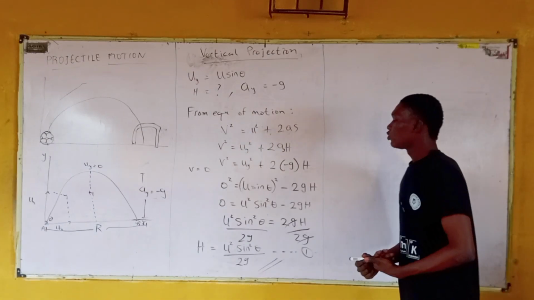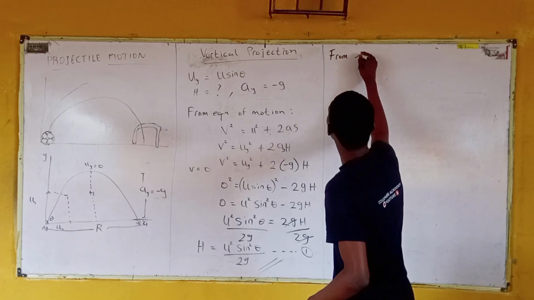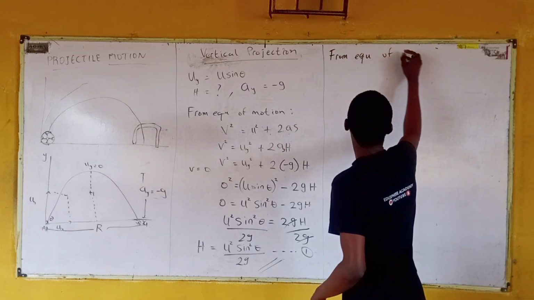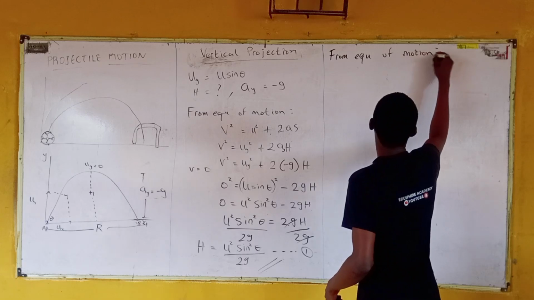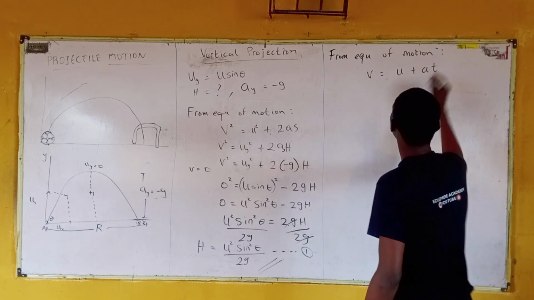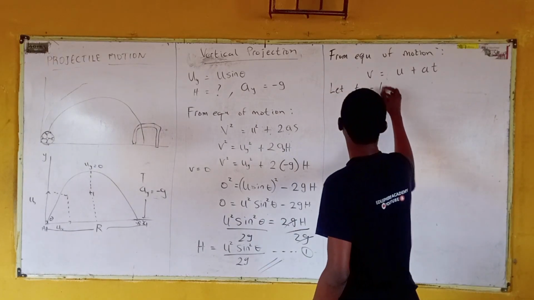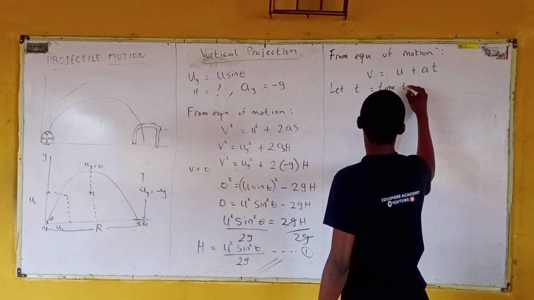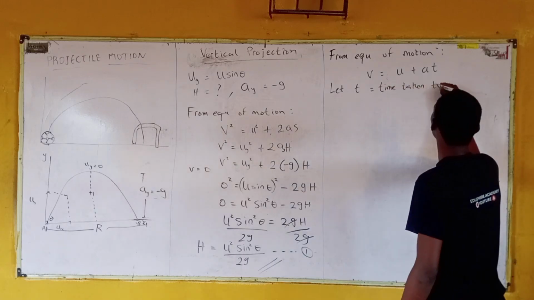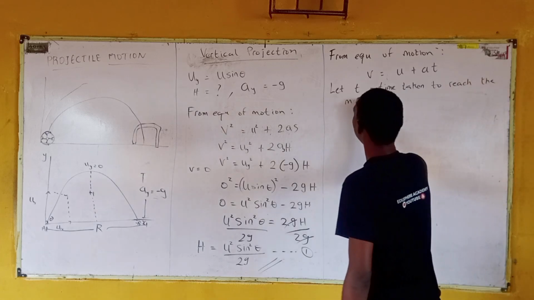Now, moving on from the equation of motion that says V is equal to U plus at. Now, let t equal the time taken to reach the maximum height.